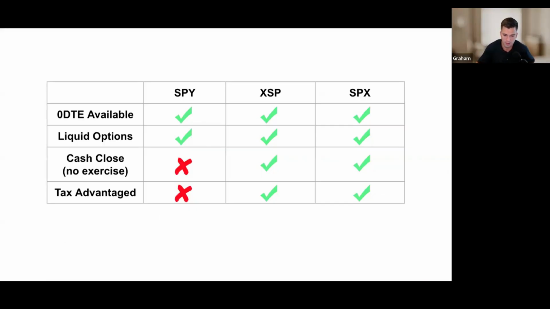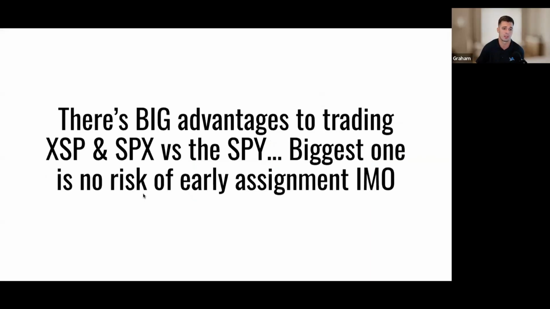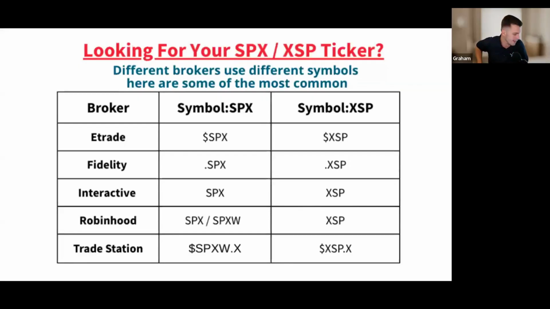Now, if you're trading in a retirement account, that doesn't really factor so much for you there. But for those of us who are just trading in a normal brokerage, the tax advantage is awesome. So there's big advantages to trading the XSP and SPX versus SPY. The biggest one, in my opinion, is not getting assigned shares. I think that freaks everyone out.